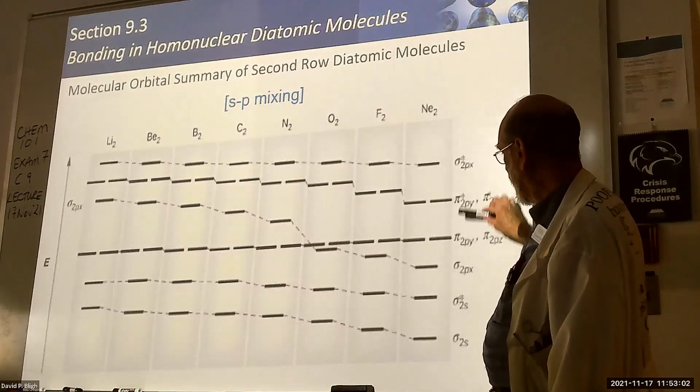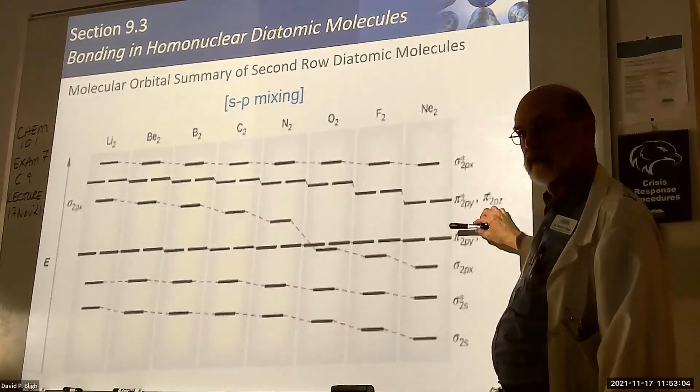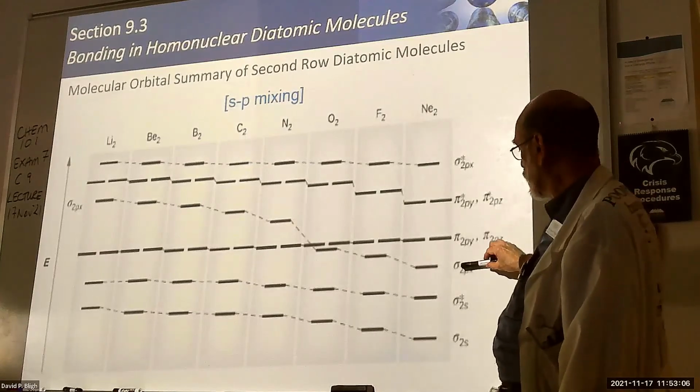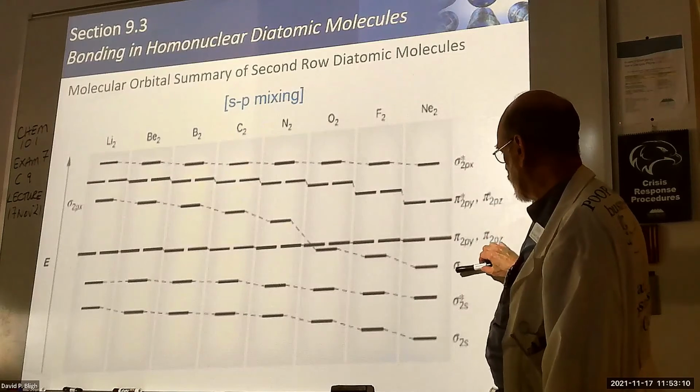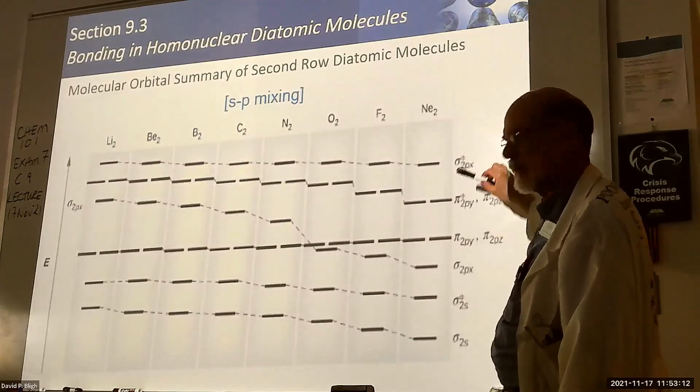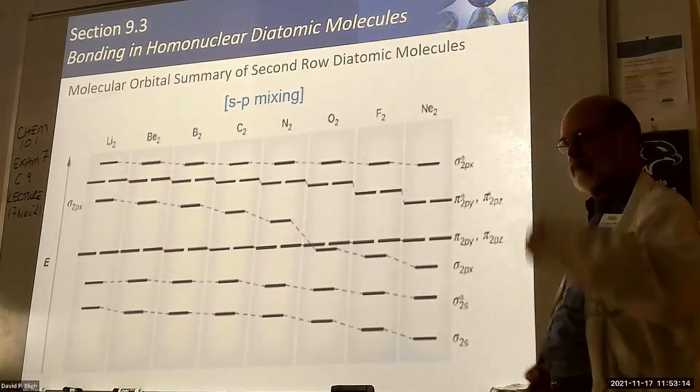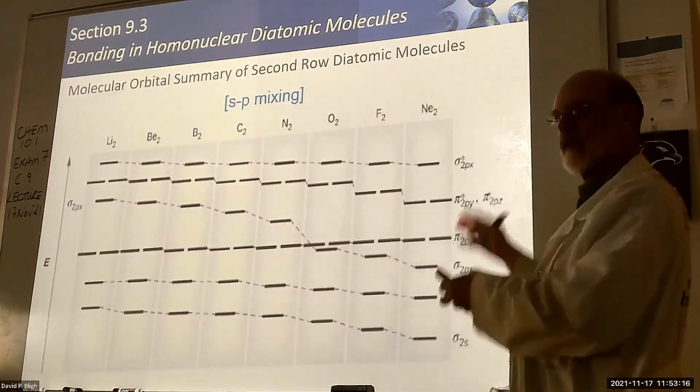And then the pi and the pi star are in between. But when you get mixing, then you flip, and now the pi's alternate with the sigmas, pi sigma, pi sigma. So that's how I keep it straight in my head, if I don't have access to a diagram.